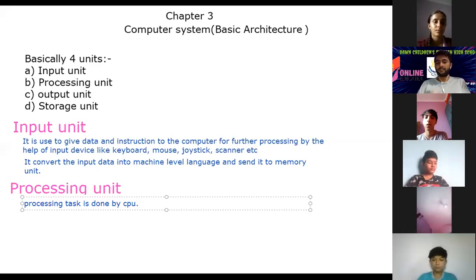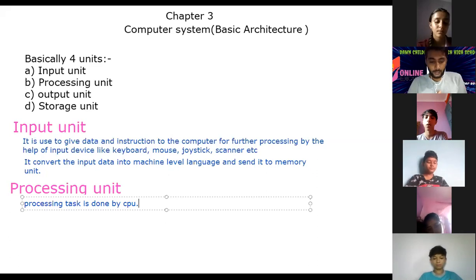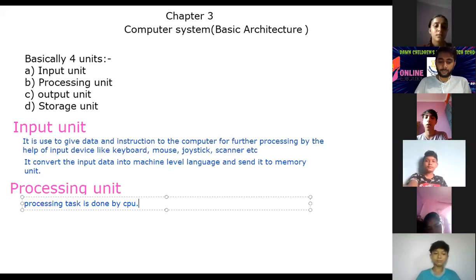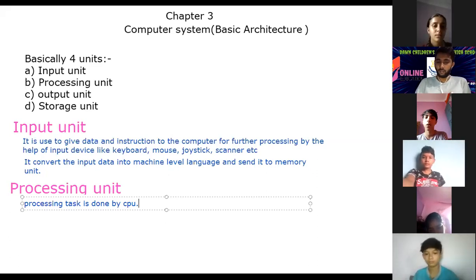Yes or no? That means CPU is also called the brain of computer, because all the logical things will be done by the processing unit, that is CPU. Okay, so look here in the book. CPU is the main unit of computer system.